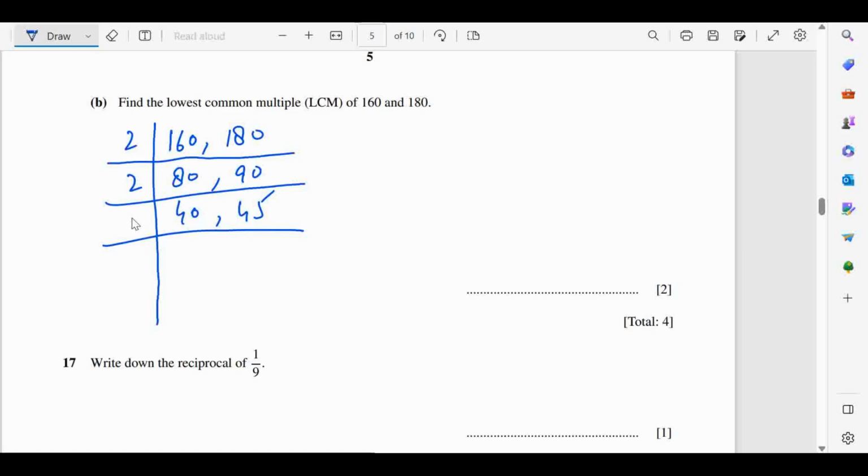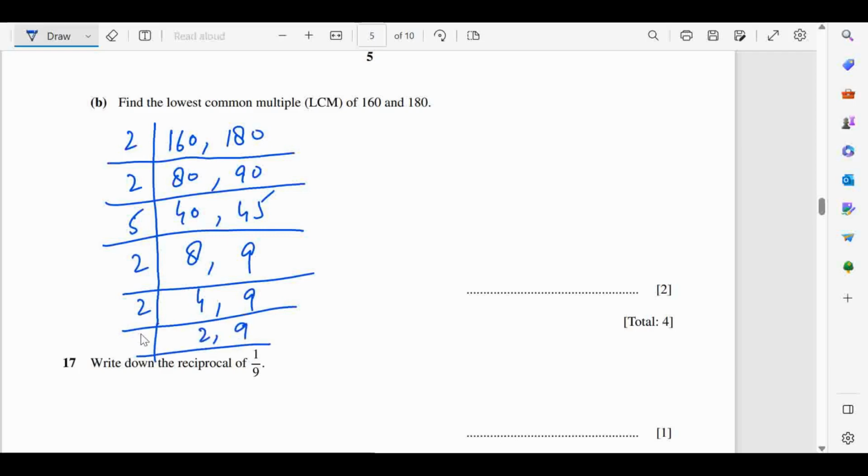Then we can take 5: 5 8s are 40, and 5 9s are 45, and then we again take 2, 4 and 9 as it is. Then we can write 2 into 2 and 9. Again we will have 2 into 1, 3, 9, and then 3 into 1 and 3, then 3 and 1.